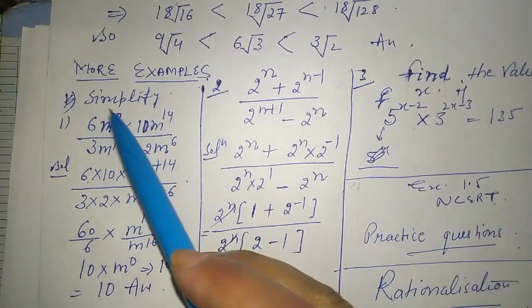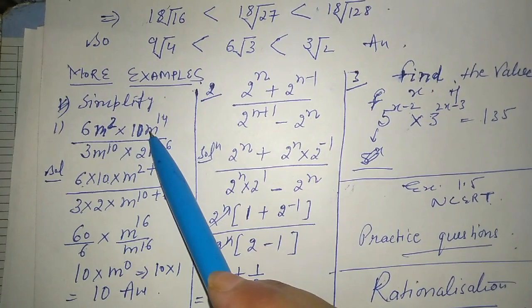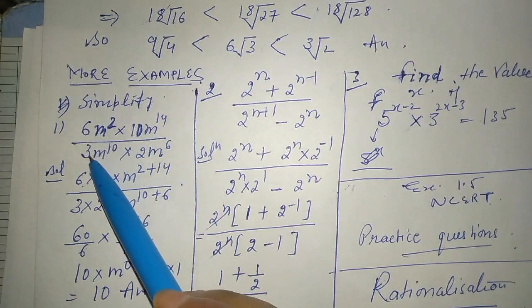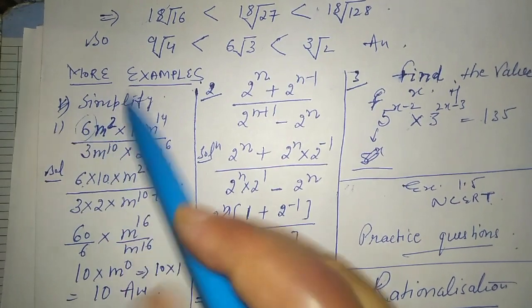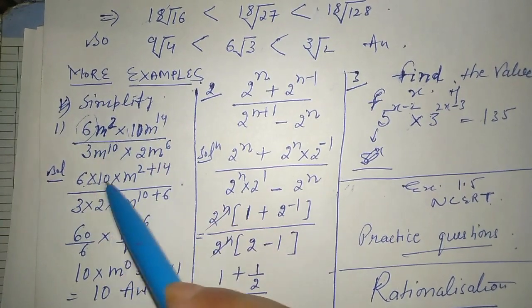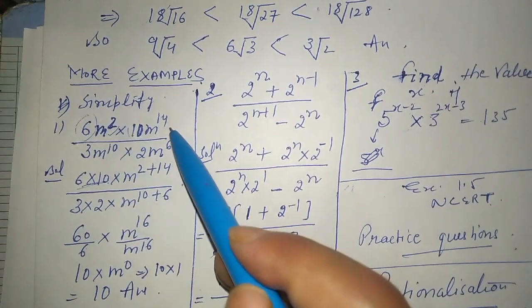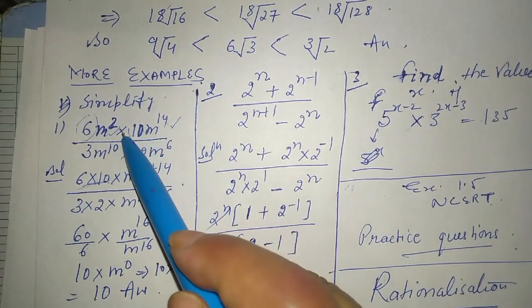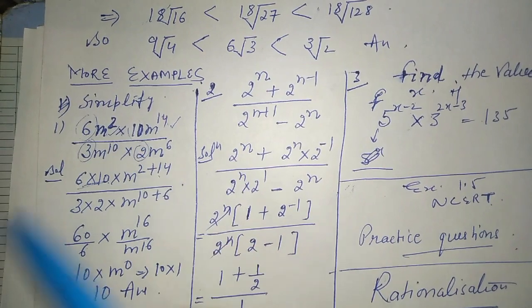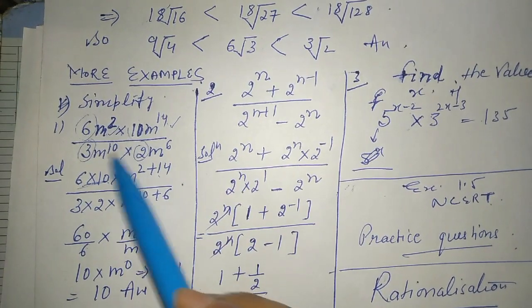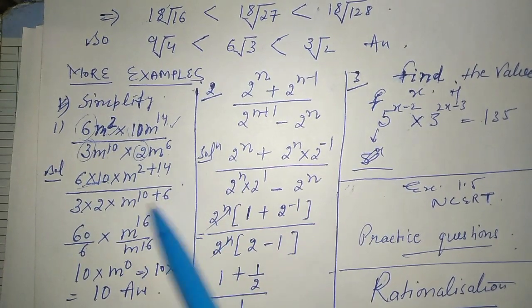Similarly, we can simplify this example: 6m square times 10m to the power 14, divided by 3m to the power 10 times 2m to the power 6. So 6 and 10 will multiply together, and m square and m to the power 14 have the same base, so they are multiplying and their powers will add. Again 3 and 2 will multiply, and m to the power 10 and m to the power 6 will add.